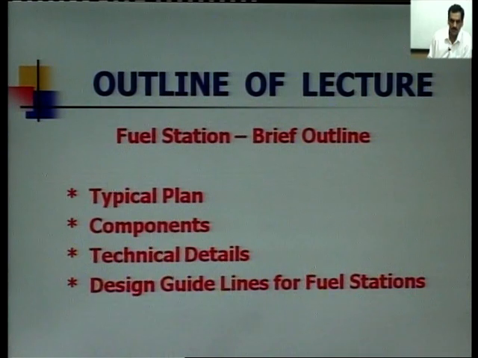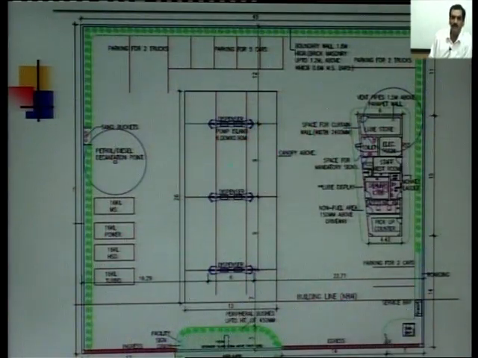So just to begin, we'll start basically the petrol pump or fuel station section with a typical plan. So what exactly are the components in it? First of all, what we have is the underground tanks and then a building and islands, and then the parking if at all it is required.